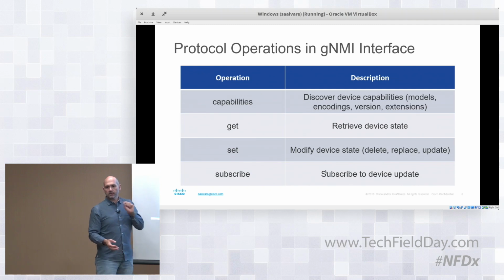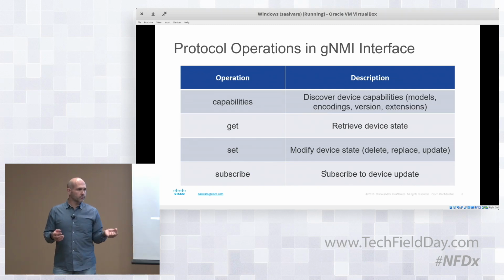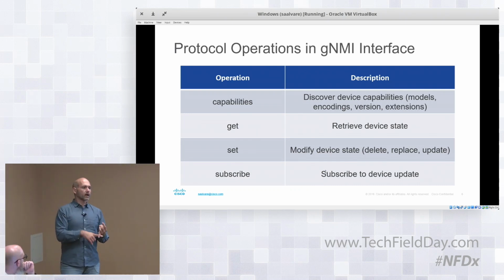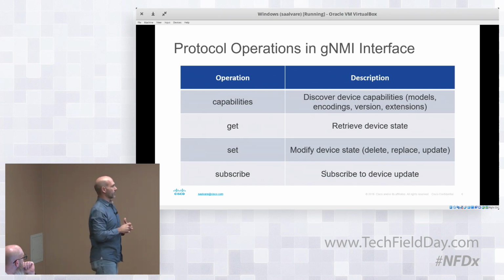It can send a basic request of asking for the capabilities of the router, because you have some automation software that needs to connect to a device, and it wants to know what kind of data models, what kind of version, what kind of extensions that device supports. So it's a basic discovery mechanism for off-box software to be able to connect to a box that it is going to manage, and learn the details of that box.